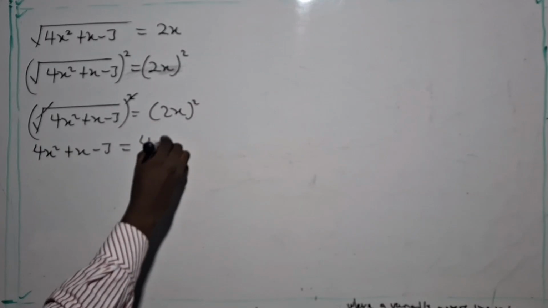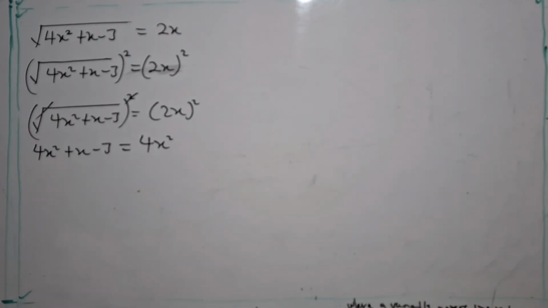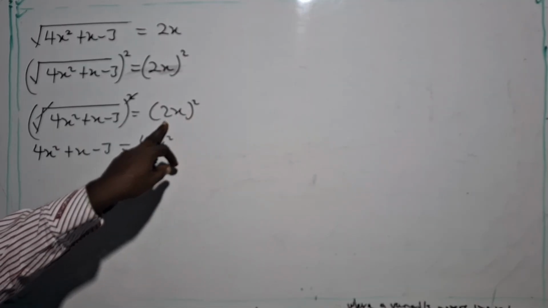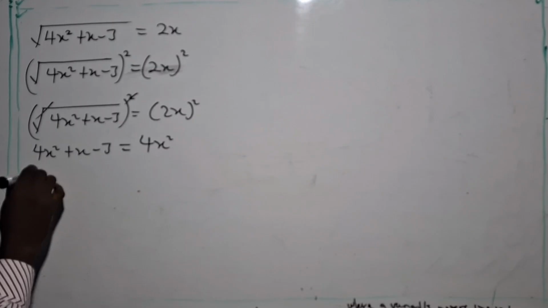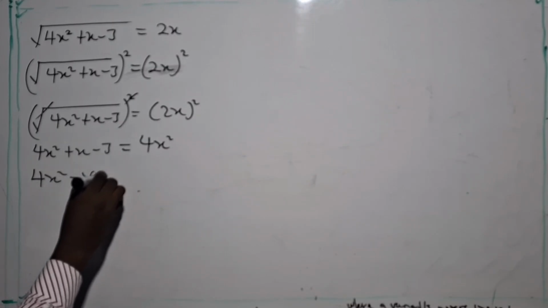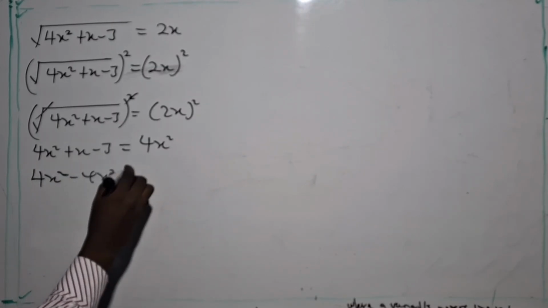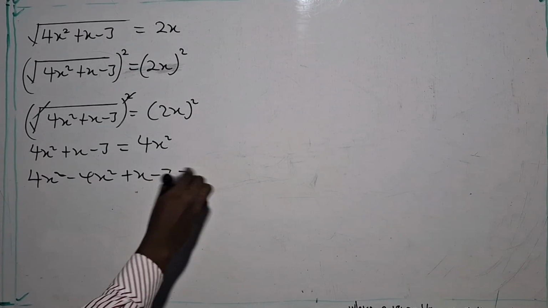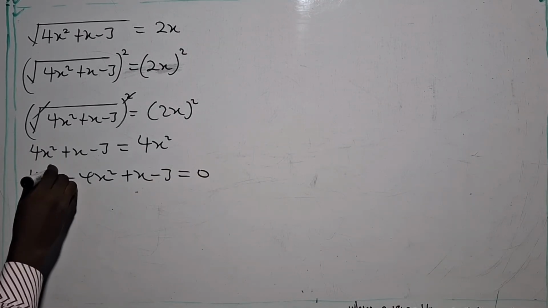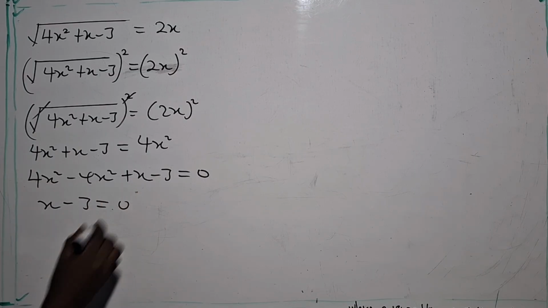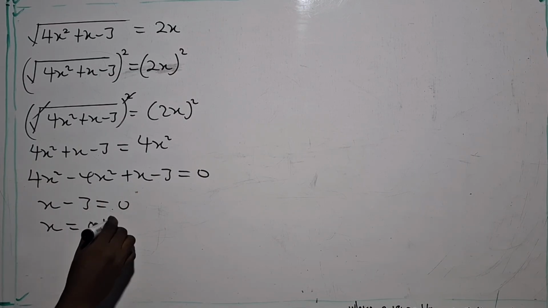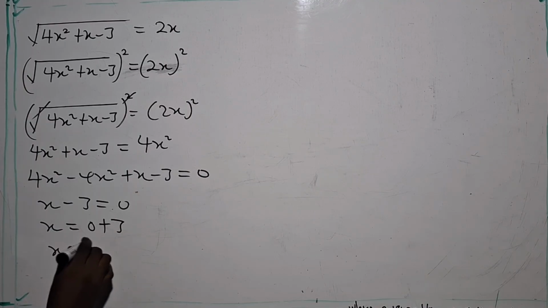This one gives us 4x squared. It affects both the number and the letter. So group like terms, 4x squared minus 4x squared plus x minus 3 is equal to 0. 4x squared minus 4x squared will be 0. So I have x minus 3 is equal to 0, for which I'll get x is equal to 0 plus 3. So our x will give us positive 3.